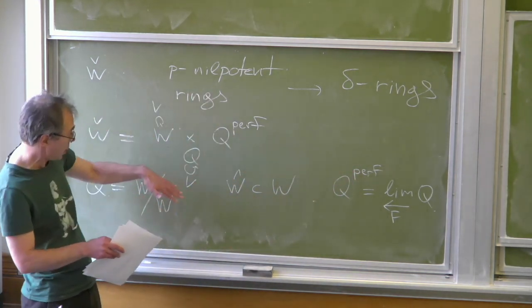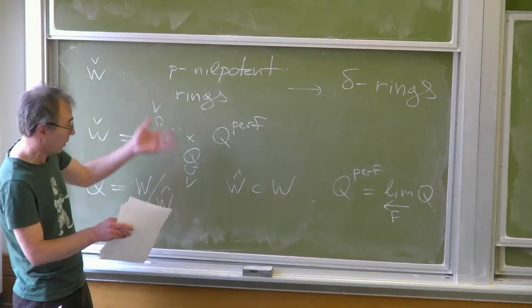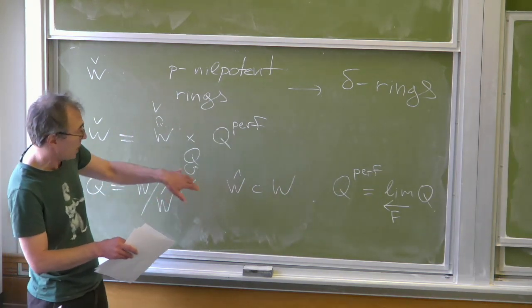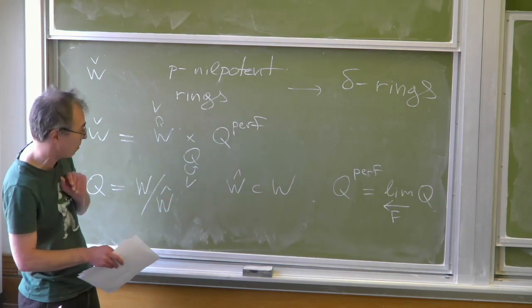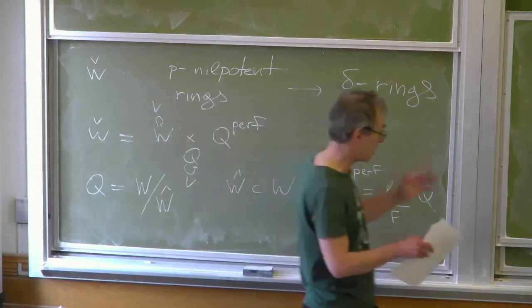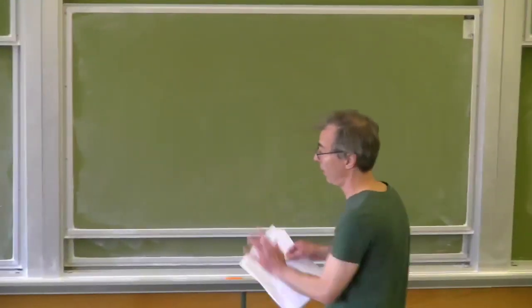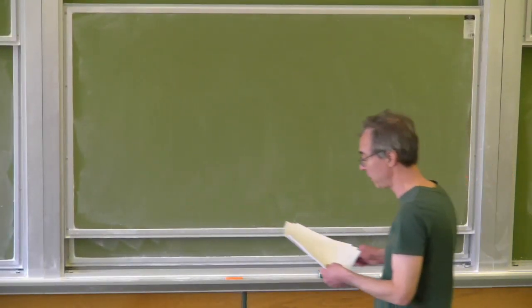But it turns out that you can. First of all, you can do it literally when p is greater than 2, because when p is greater than 2, Verschiebung on W commutes with Frobenius. But when p is equal to 2, you have to modify the definition of Verschiebung a little bit.